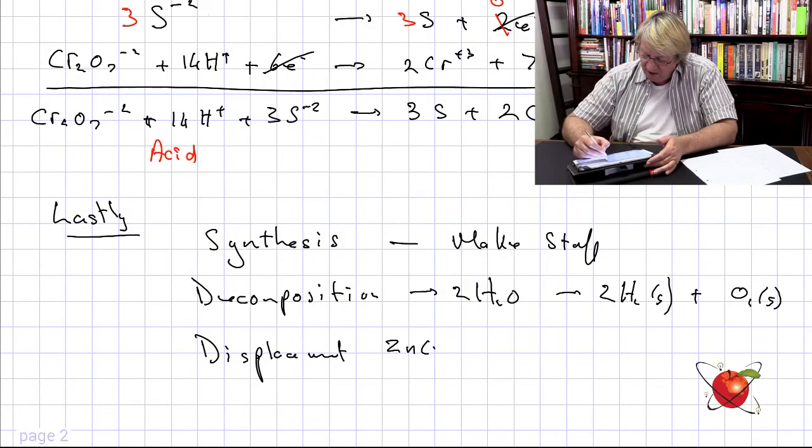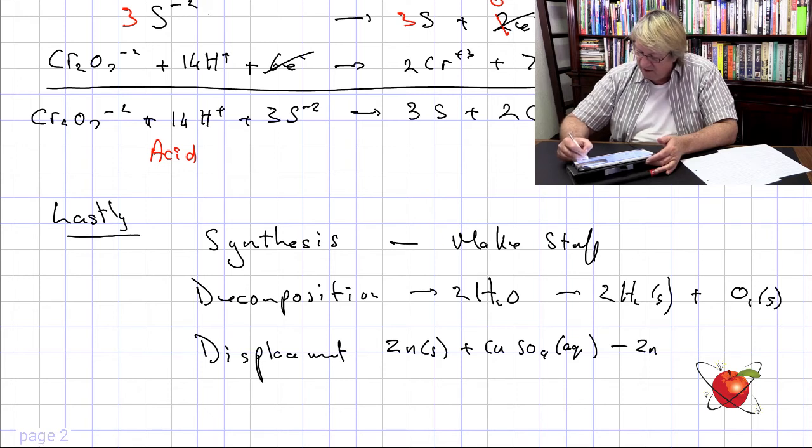The last one is a displacement reaction, where, if you remember back to grade 8, 9, maybe, I think there you did the reactivity. You had a reaction like this, zinc solid plus copper sulfate, aqueous, going to, remember, zinc sulfate plus copper solid.